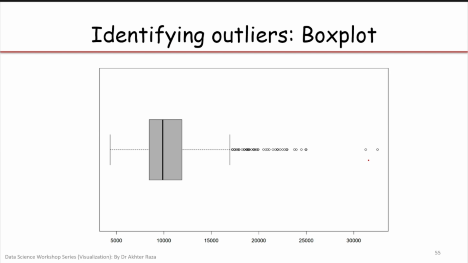Now the box plot is also indicating the same thing. What is this indicating? The right whisker is longer than the left whisker. This is called a right skewed curve.